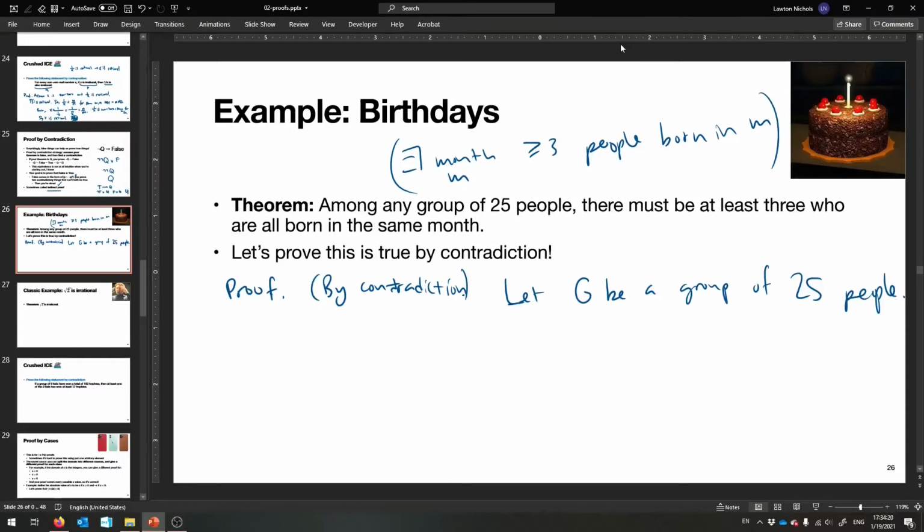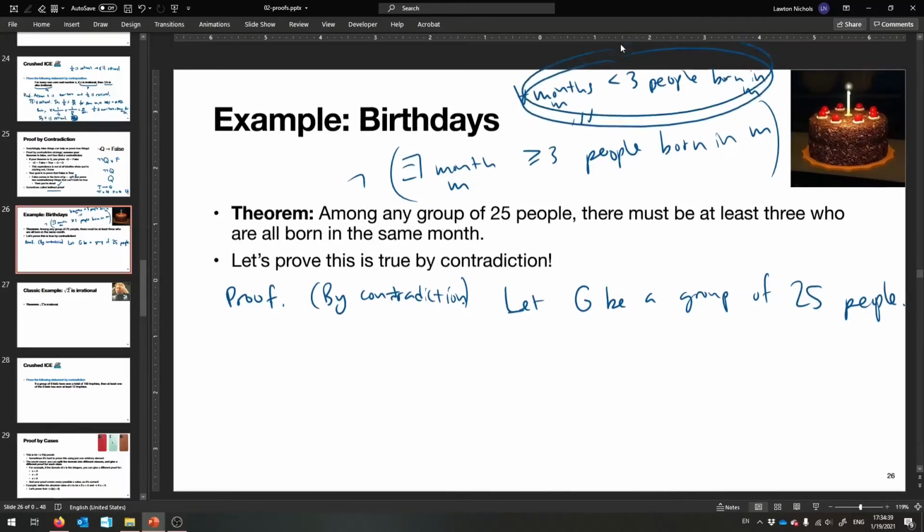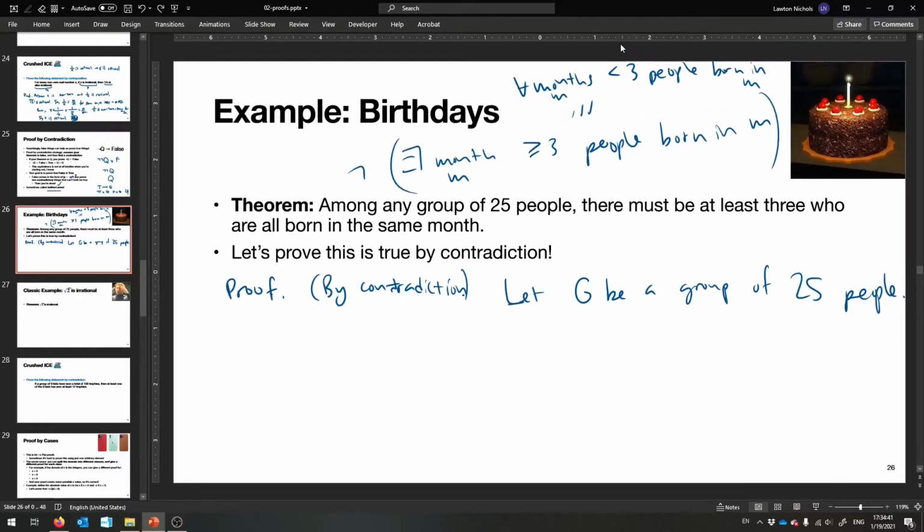And we need to negate this, which gives us something like, okay, for all months, there are less than 3 people born in it, in the group. So this is the kind of thing we get to assume now, just as if the whole statement was false.